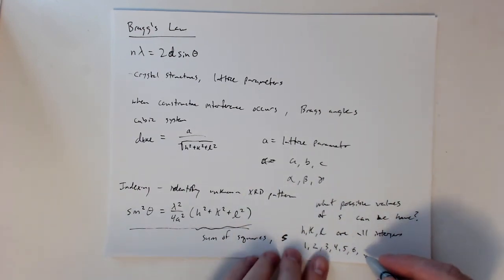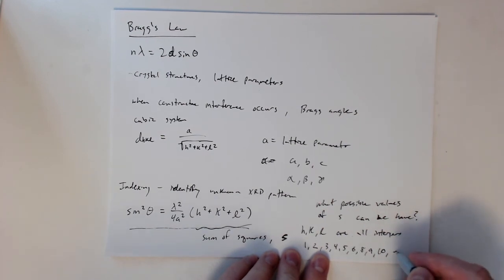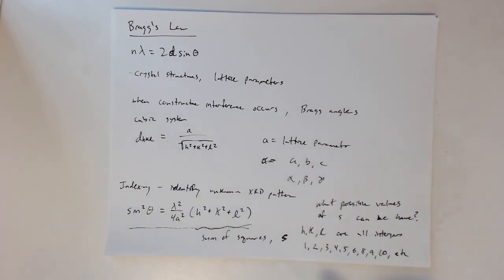So you actually skip over 7 and then get to 8, 9, 10, and then just keep going. You don't need to know them all, but this gives you an idea of the possible values of the sum of squares. When we get to indexing, trying to identify unknowns, we'll come back to this, and you'll have to remember what we did here for phase identification.